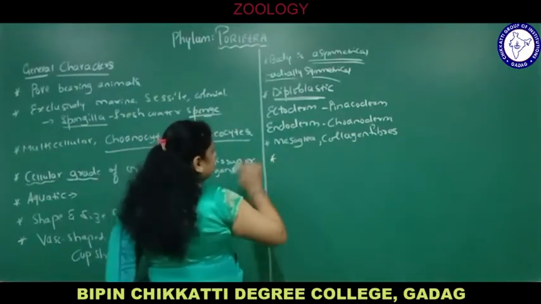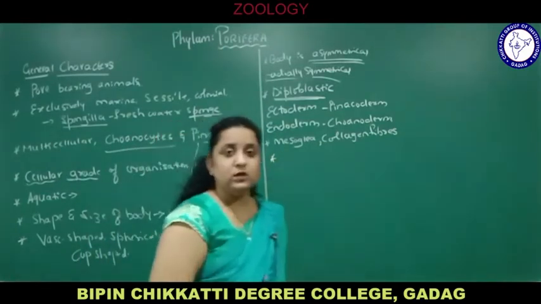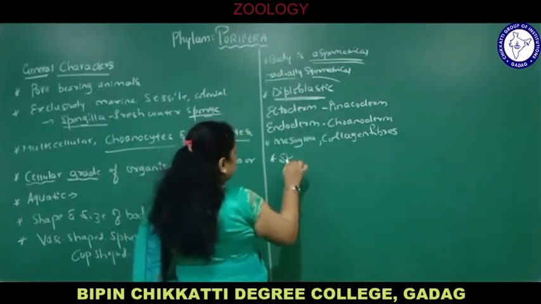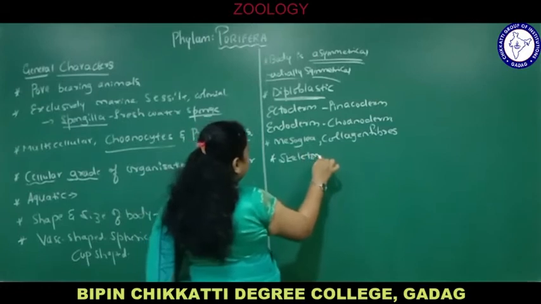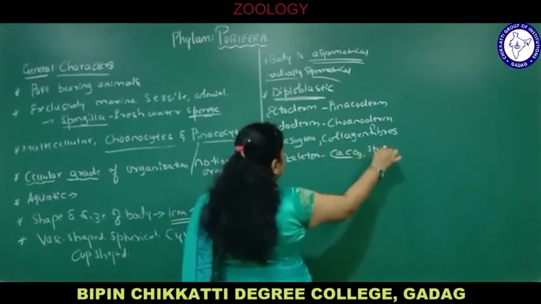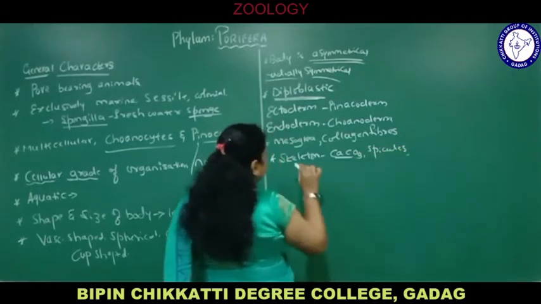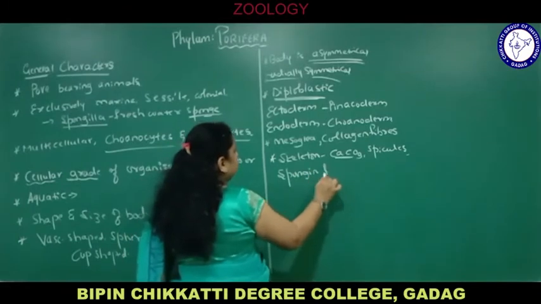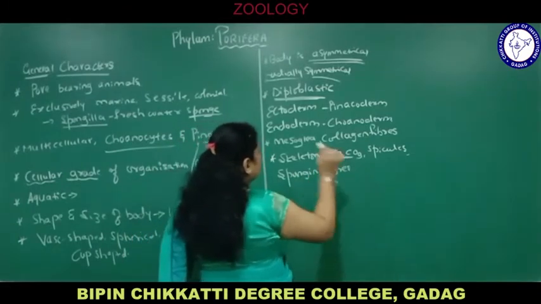Next, coming to the skeleton, the skeleton of these poriferans is made up of calcium carbonate, or spicules. Sometimes these sponges also have spongin fibers in their body, which give strength to the animal.